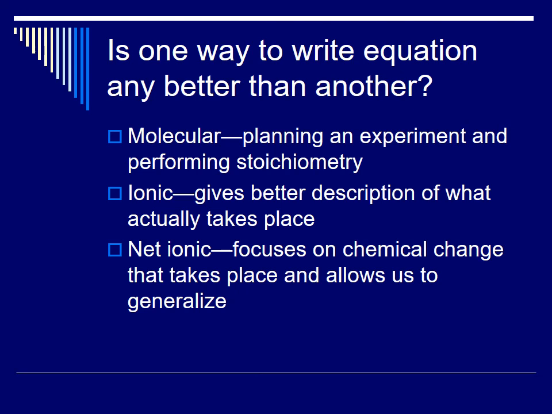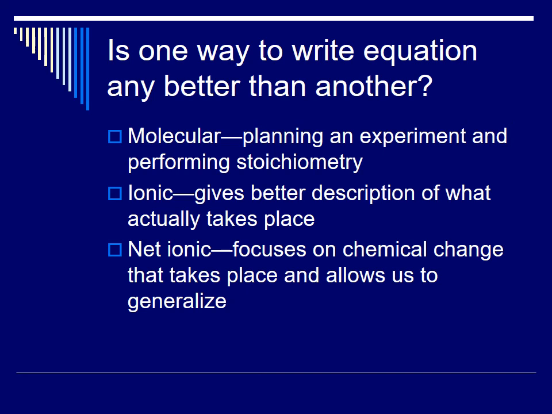Ionic, that one actually gives us a better indication of what's actually taking place on the molecular level. So to know that some of your compounds are going to split apart and you're going to have ions that are just sitting in solution, able to flow freely, then they're more likely to react. So later on when you learn about kinetics and equilibrium, that's going to be very helpful.